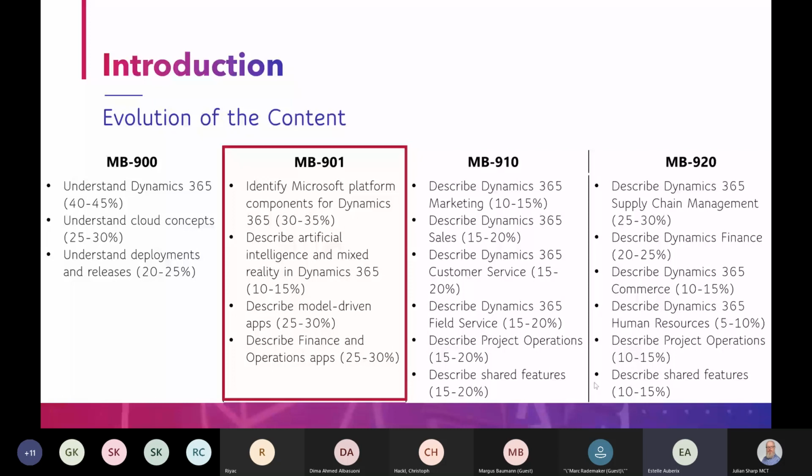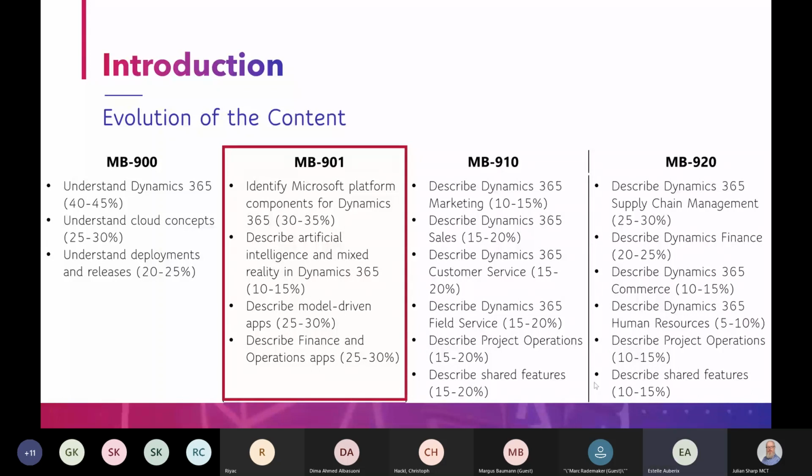And then, with the growing importance of low code, the Power Platform is becoming an independent project, but at the beginning it was created for Dynamics 365. That's why there is a big importance of Power Platform and the concepts related to Power Platform in Dynamics 365.